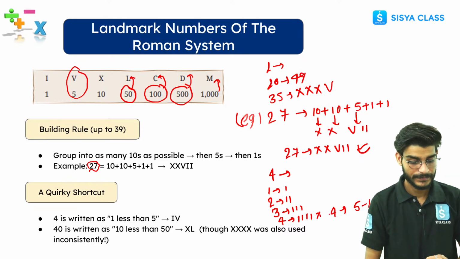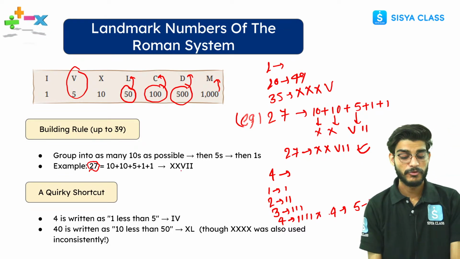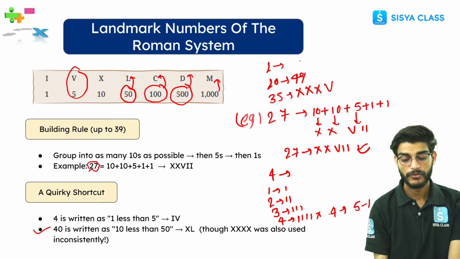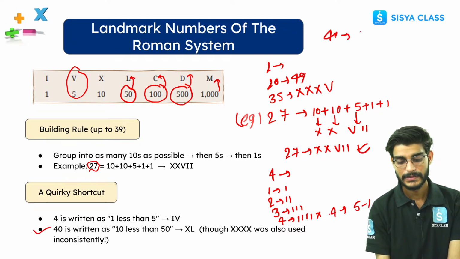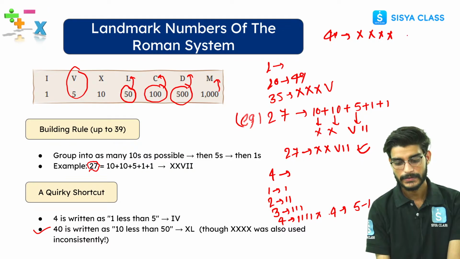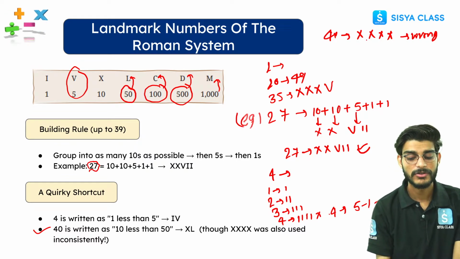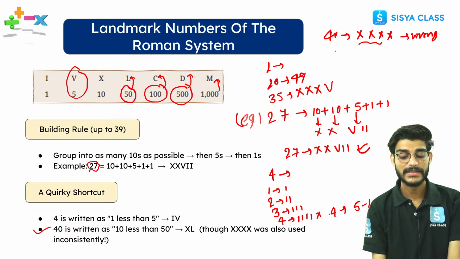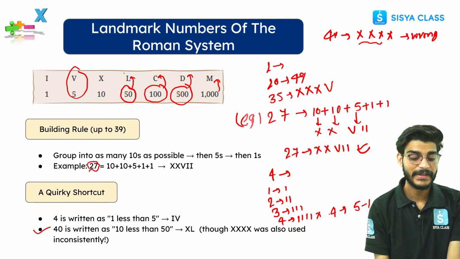Clear? Okay. Let's take one more example: how will you write 40? You cannot write this as X, X, X and X. This is wrong, because you can only give 3 X's, not 4.